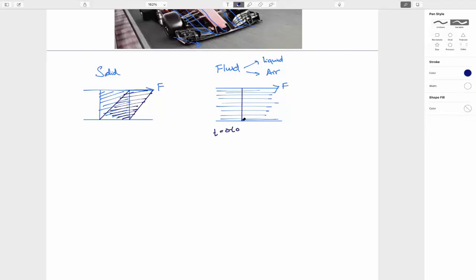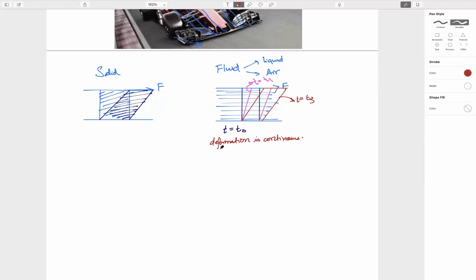As you apply a stress, if you consider this element, at t equals t1 it is this, at t equals t2 it is this, and at t equals t3 it becomes this. So what we see is that as you just apply a force, the deformation is continuous.